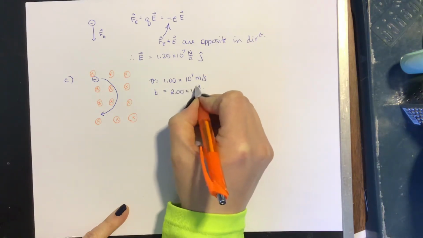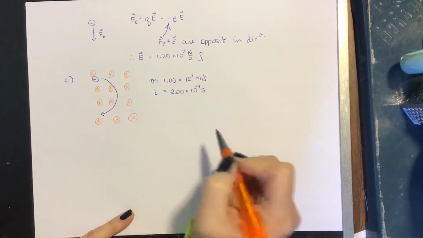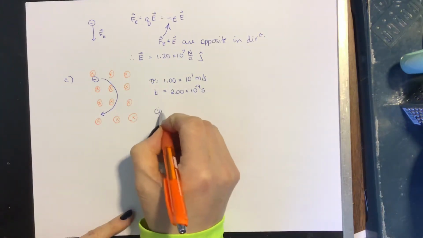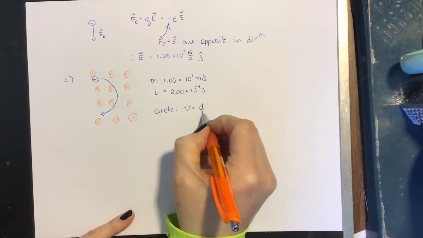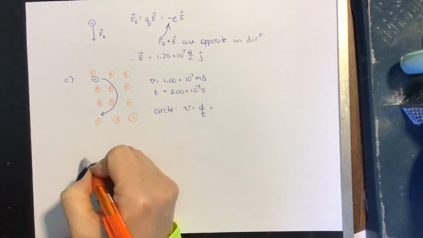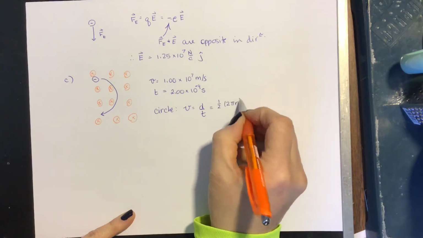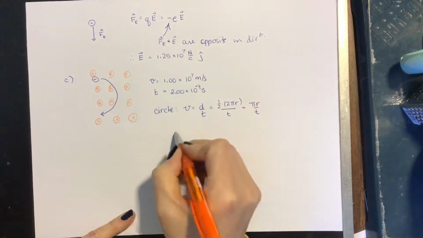So how could we find the radius of the path? Well, it goes in a circle. So our speed would be distance over time. The distance it covers is a half of a circumference. So the radius of the path then will be V times the time divided by pi.